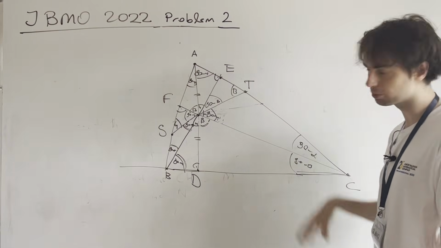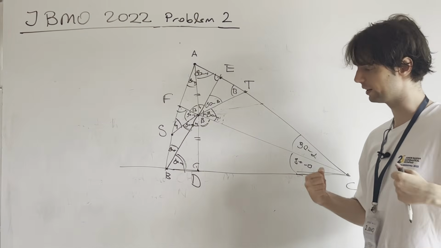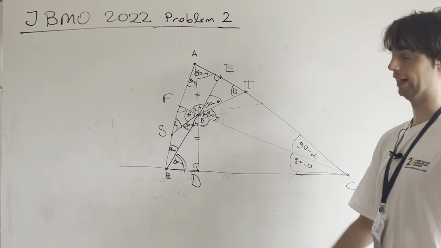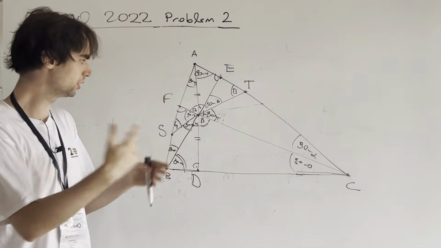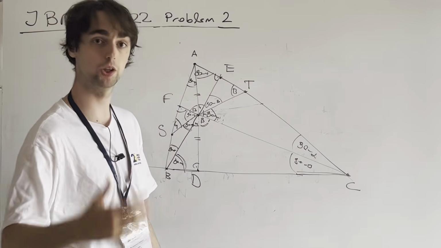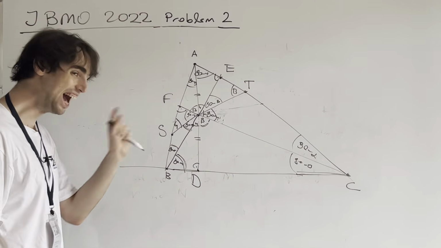You can have a last page of the thing you hand in, where you put all the facts you figured out. And then you can say, oh, I had this fact, or your team leader or deputy leader could go ahead and say, oh yeah, they had this fact.